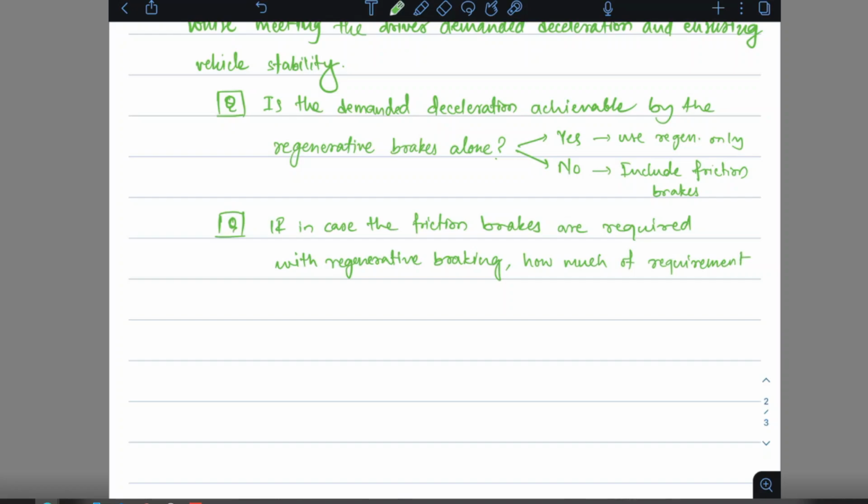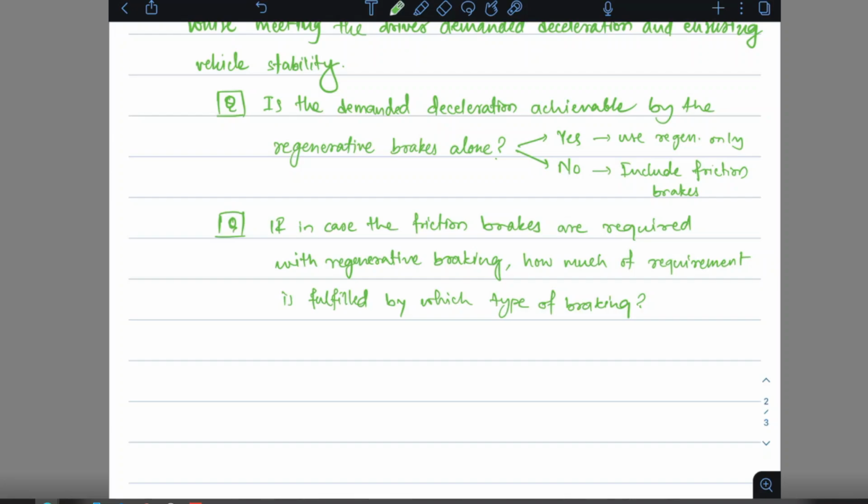How much of the requirement is fulfilled by which type of braking? So here we have two choices for braking. First is regenerative braking and second is friction braking.